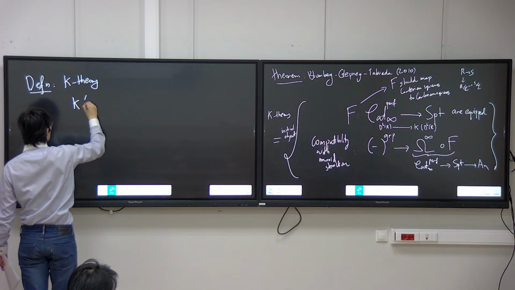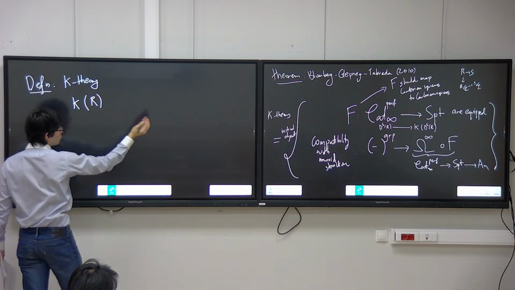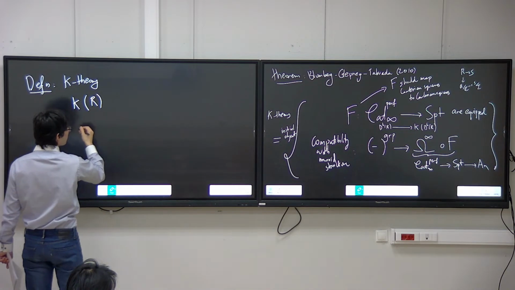So K of R, in the sense of this Blumberg-Gepner-Tabuada.